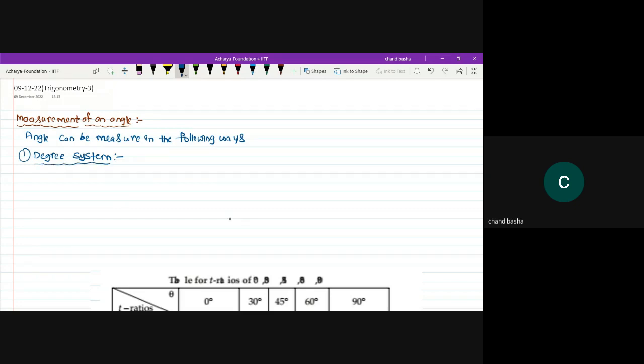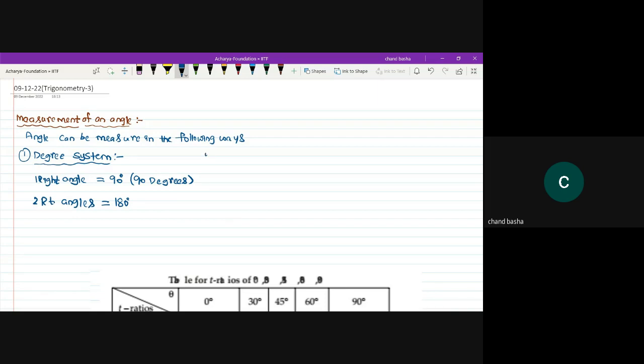In this method, one right angle is equal to 90 degrees. So we use the unit degree. This symbol is read as 90 degrees. Two right angles is equal to, one is 90, two means 180 degrees.